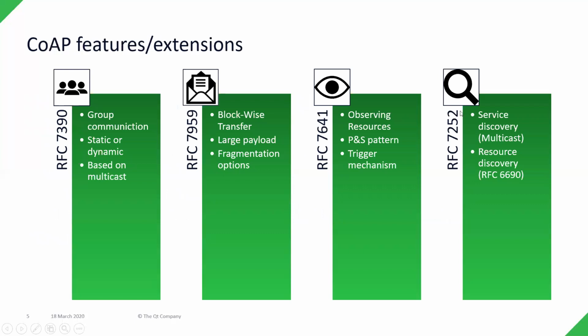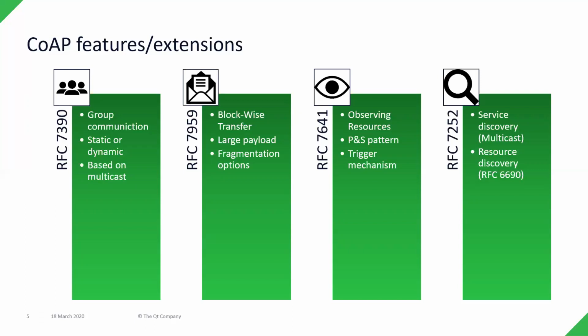So we talked about the core spec, 7252, on the very right. It mostly defines the basic protocol, the basic messaging, how service discovery is to be done, how one can receive and obtain, or push information to a server from a client perspective.